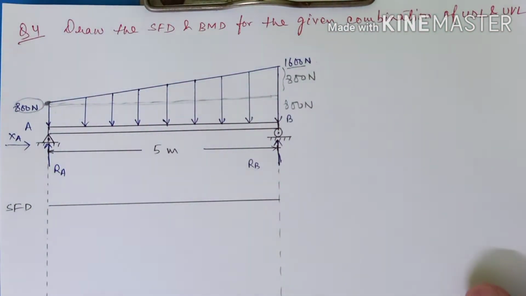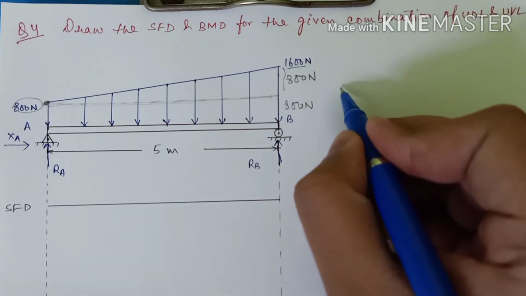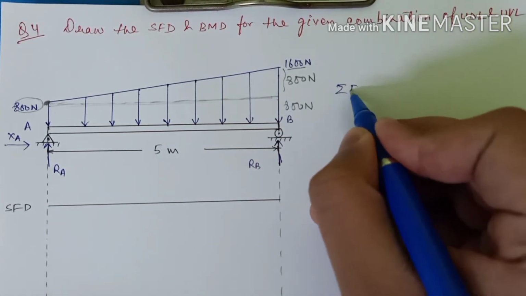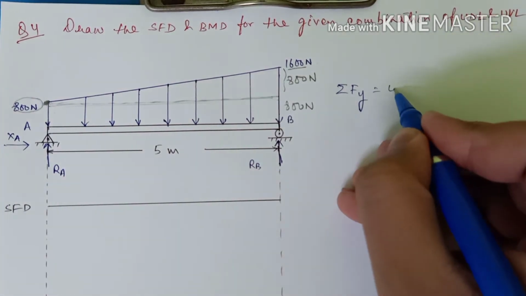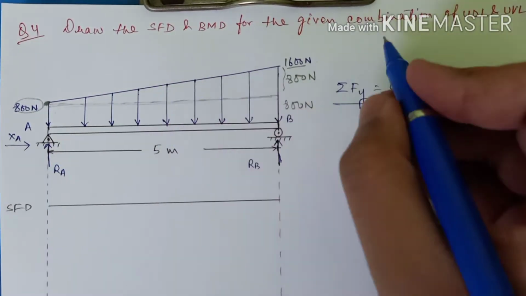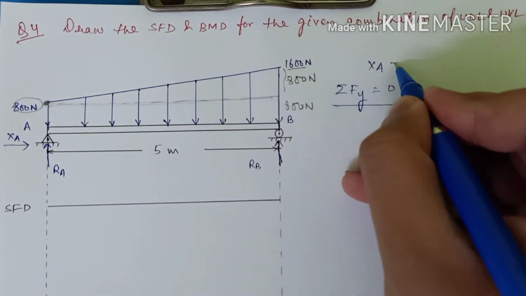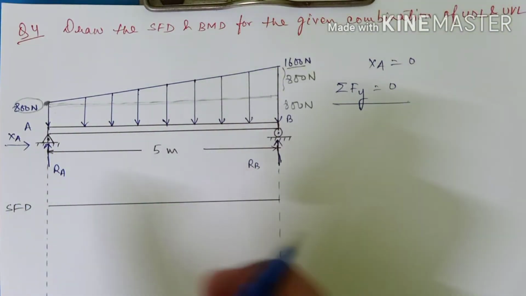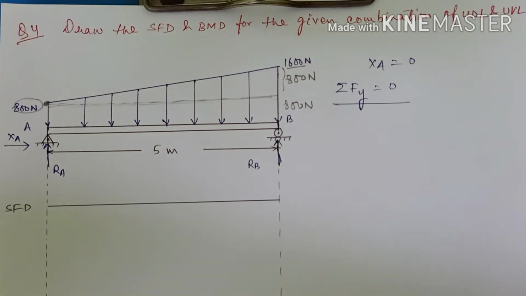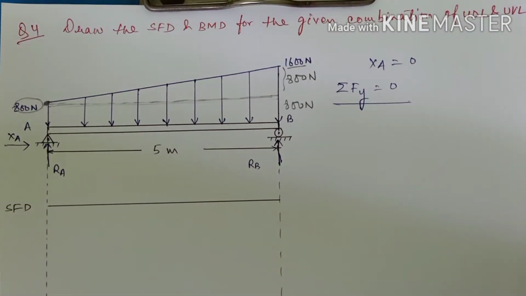How to find the values of RA and RB? We'll equate the summation of forces along the y-axis with 0. This XA will be 0 because there is no other force acting in the horizontal direction to counterbalance it.